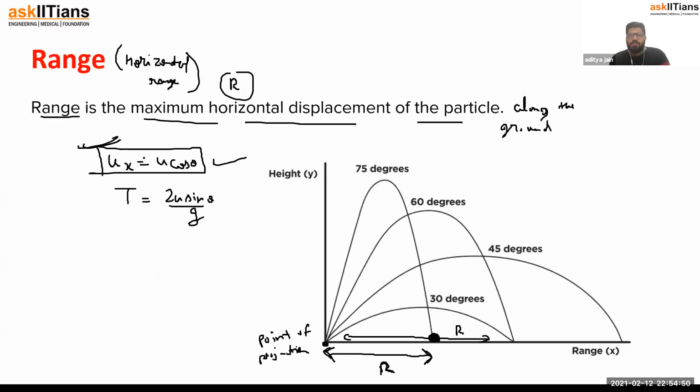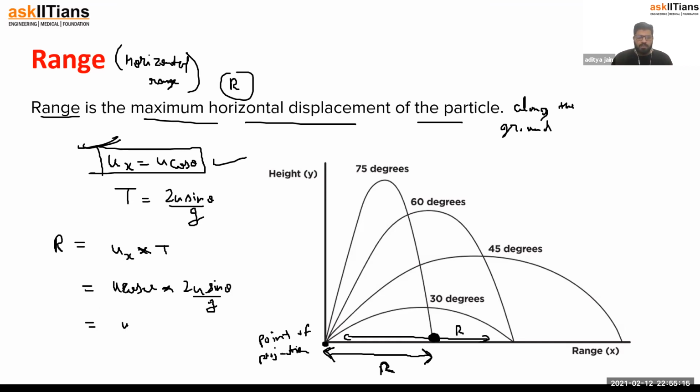Clear? So now the range will be distance, and distance you know is velocity into time, because range is the distance which is covered along the horizontal in the time of flight. So I am multiplying the velocity with the time along horizontal to get the displacement along horizontal. So it will be u cos theta into 2u sine theta over g.